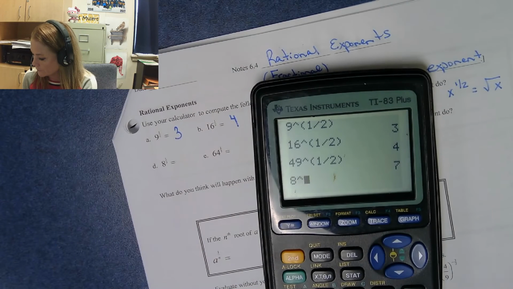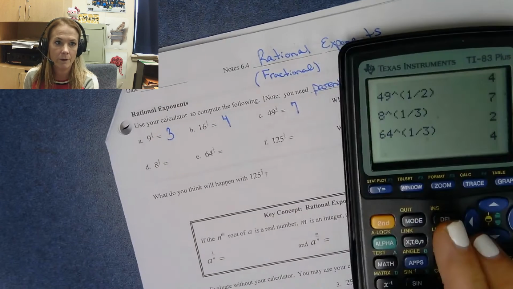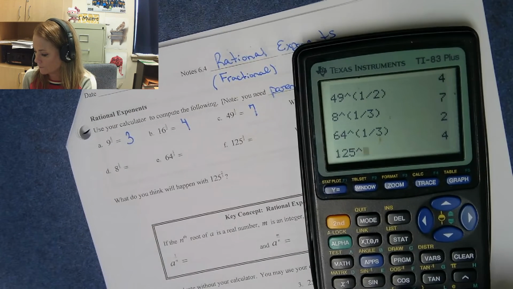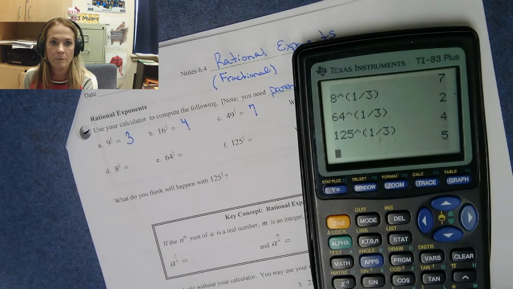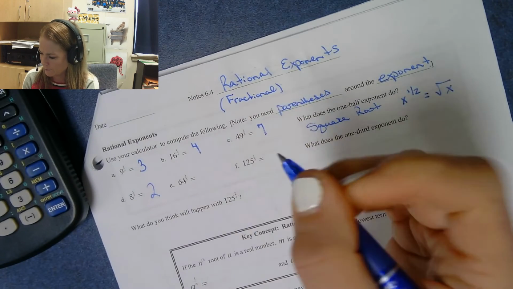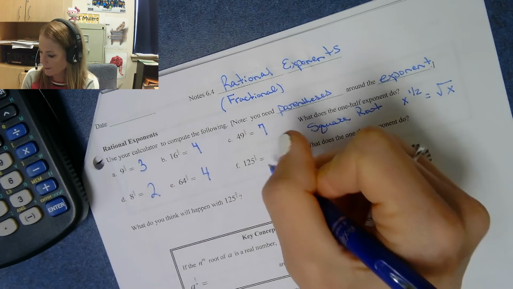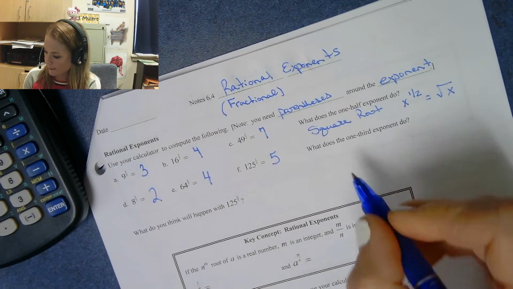What about 8 to the parentheses 1 over 3? Well, we get 2. What about 64 to the 1 over 3? Well, we get 4. And 125 to the 1 over 3? Well, we get 5. So what are we thinking happens here?